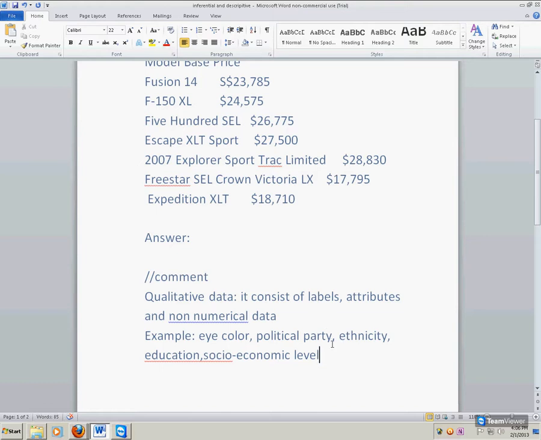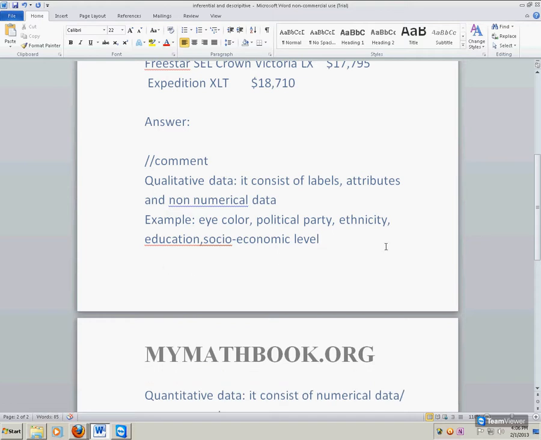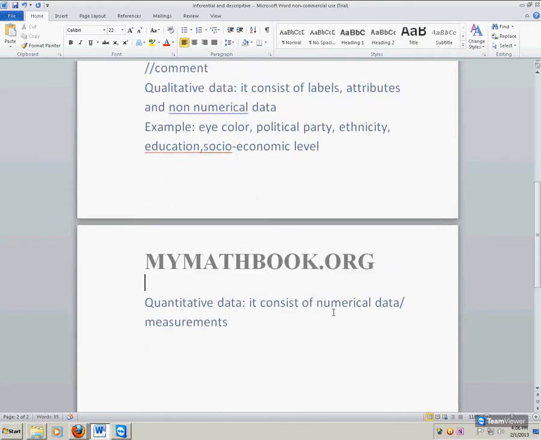We'll find some examples of quantitative data now that we've defined it. We already defined what quantitative data is. We say it consists of numerical measurements. Give an example here. An example is the height of students in an AP class.